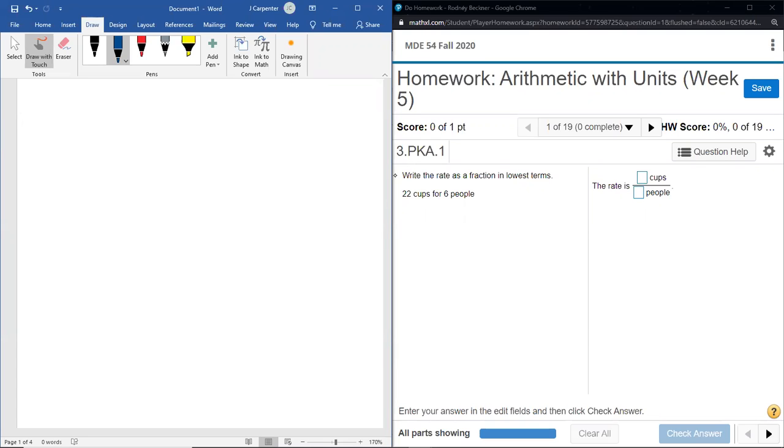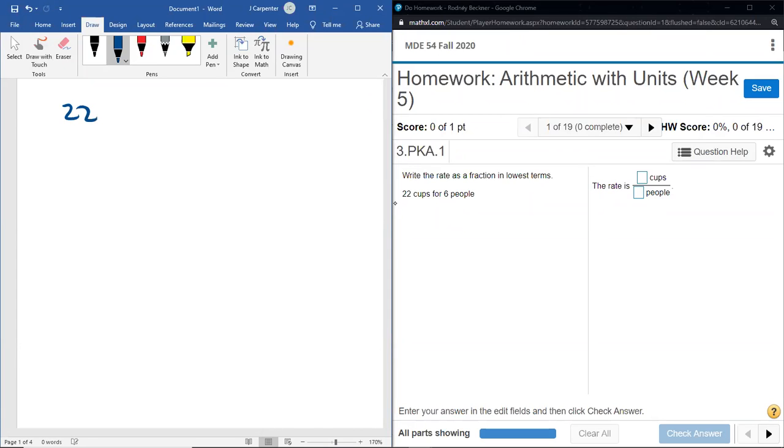So you'd have to understand, well, speed makes more sense as miles per hour, so let me put the distance on top and the time on bottom. If it's something that you're just doing to find an answer and it doesn't have to be a specific unit, then maybe there's a reason you want to do people over cups instead of cups over people, and you would have that freedom in the real world. But we got to do it their way.